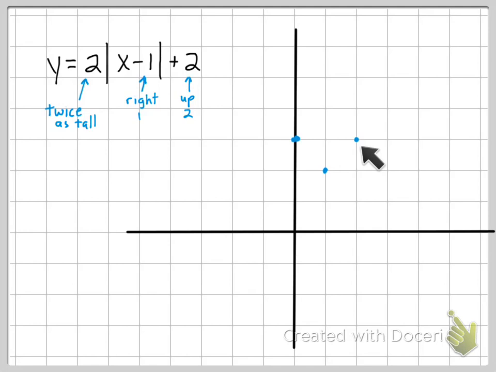Okay, so these points have to move up. Instead of up 1, it has to be up 2. The other point also has to move up to where instead of over 1 up 1 and over 1 up 1, we have over 1 up 2. Over 1 up 2. And there's our function.